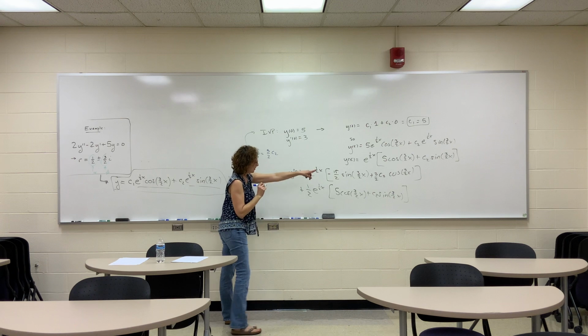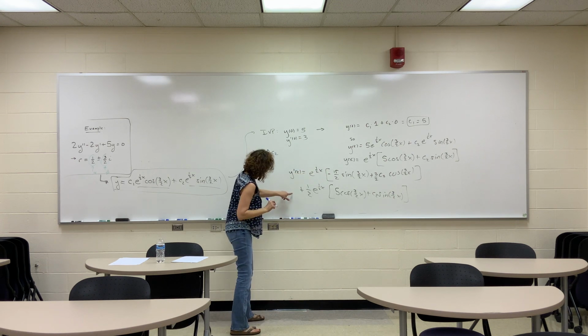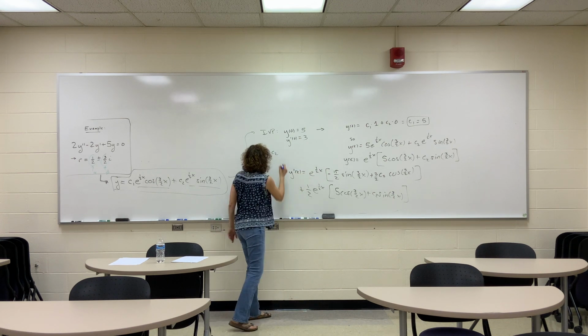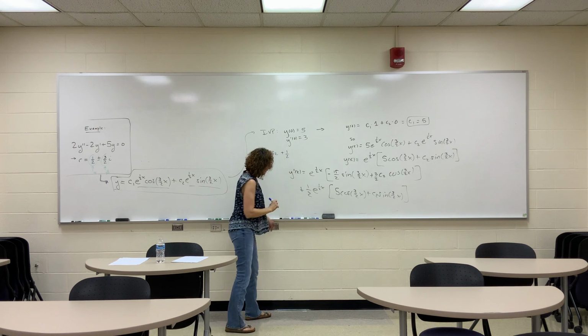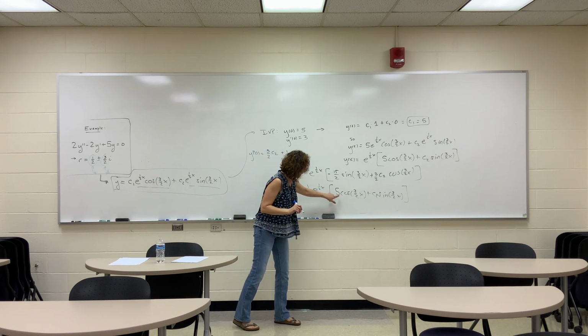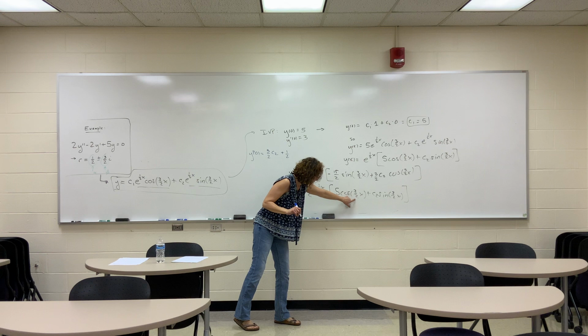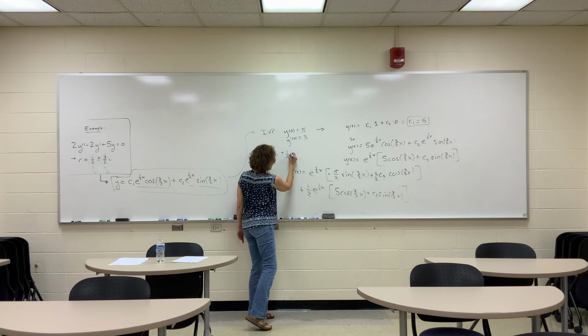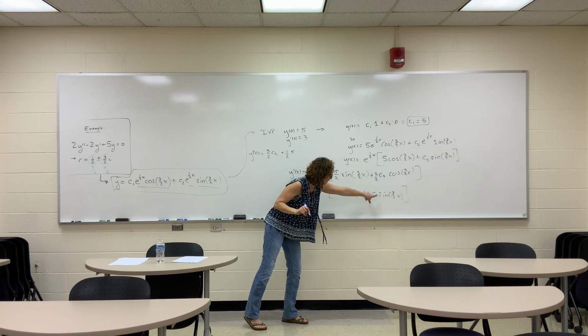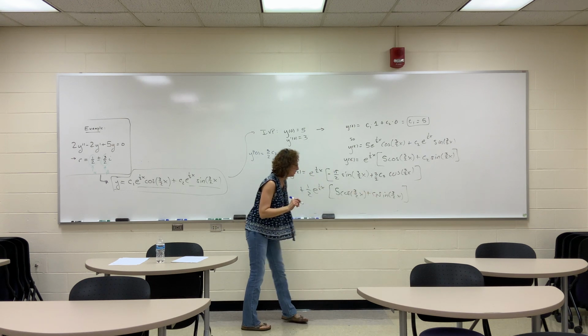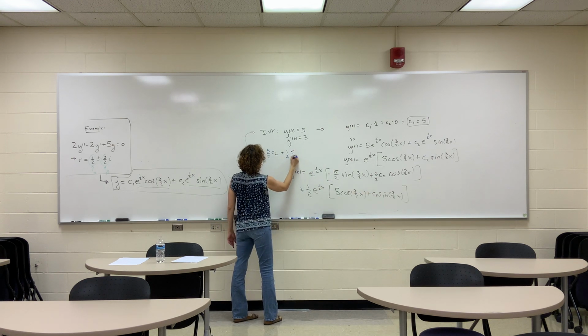C2 come out of that top piece, yeah? Okay? Plus 1/2, e to the 0 is 1. 5 cosine of 0 is 1, so we're going to get times 5, right? Plus C2 times sine of 0 is 0, right? And so nothing else comes out of that, yeah?